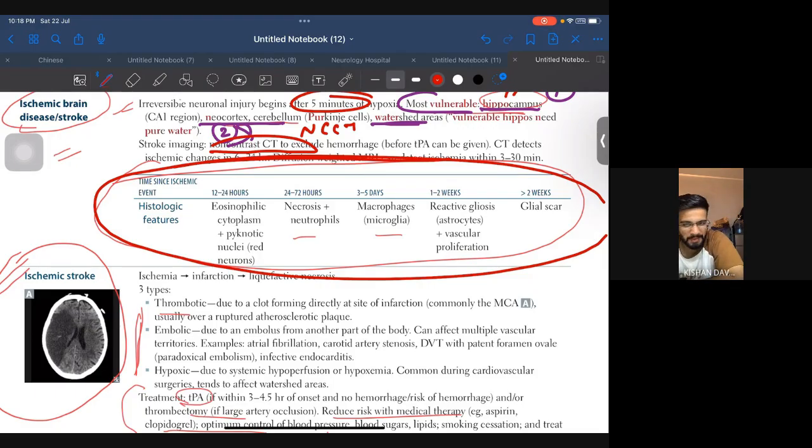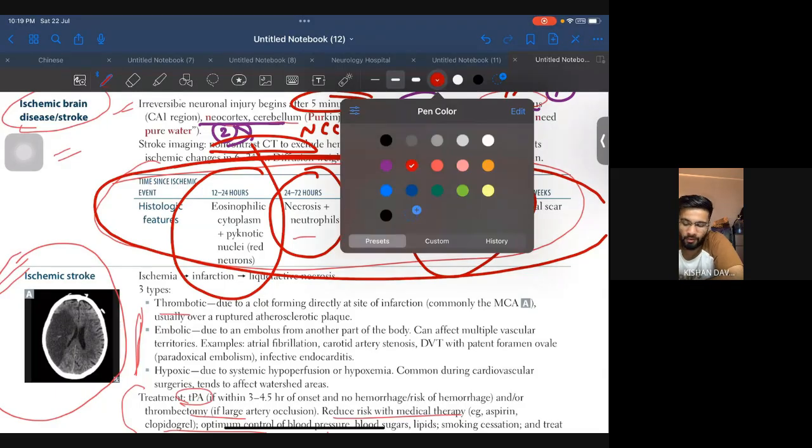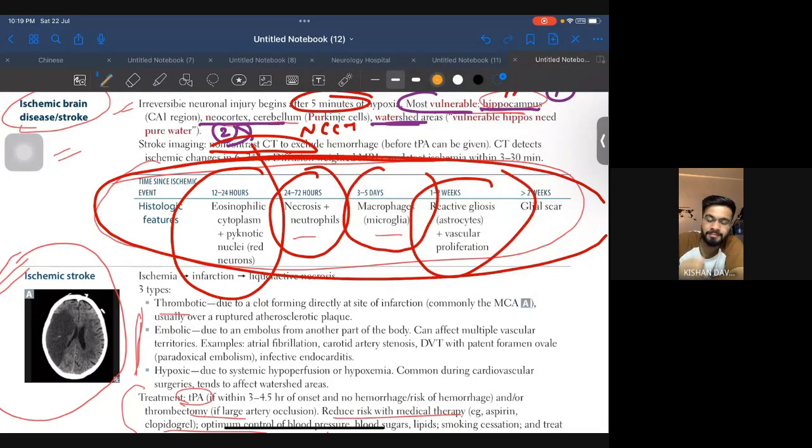Then they will ask you what will be seen in the pathology, what will be seen in the tissue after 24 to 72 hours, or after 3 to 5 days, or after 1 to 2 weeks, or in the first 12 to 24 hours. They will ask you this. And the most confusing is how they confuse you, sometimes they will ask you what can be seen in 5 to 10 hours.